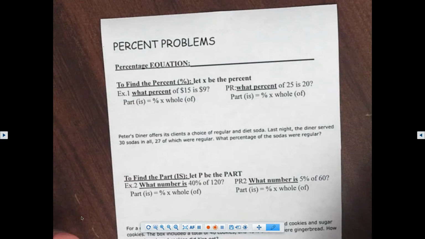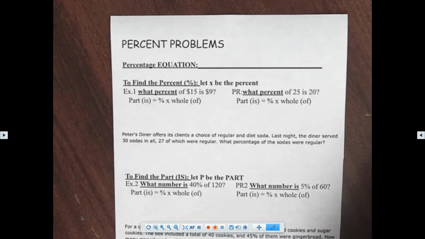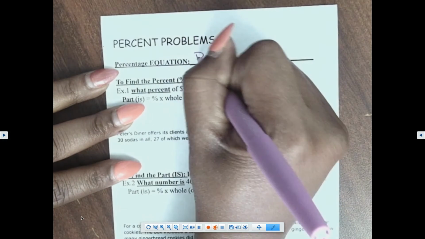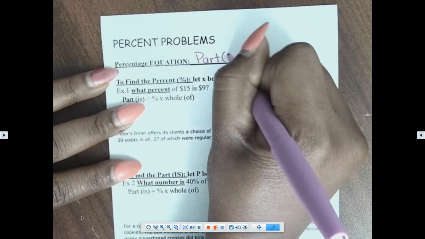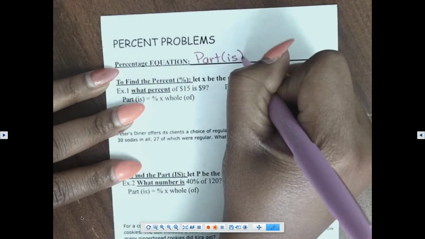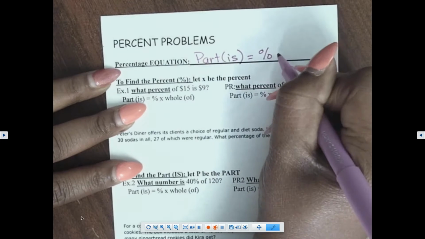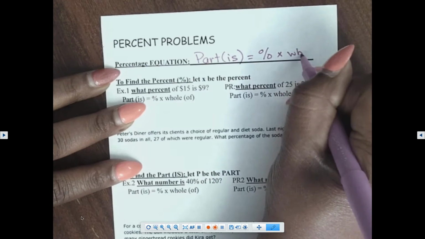In the video underneath this video, I showed you the percent proportion. So if you don't like this way, you can use the percent proportion, but I'm just going to teach the percent equation. The equation is part, and in our word problems, you may see the word is, equals the percent times the whole.